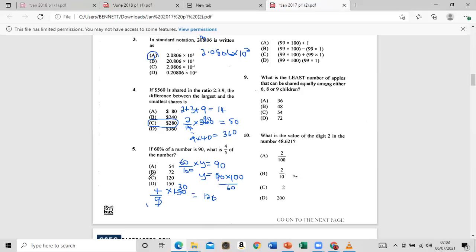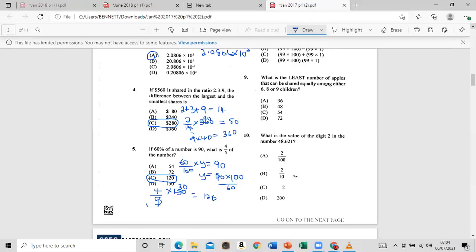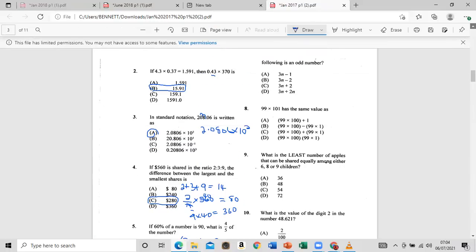So 4/5 of the number is 120. You know, once I've got the answer, I never have to write it down. I'm just going to say 4/5 of the number 150 right away.